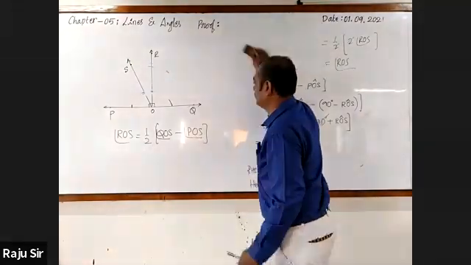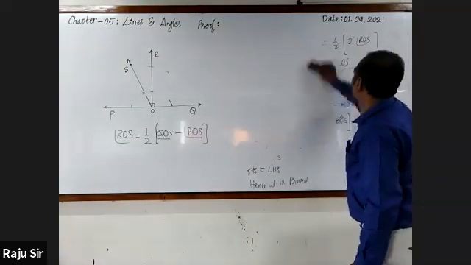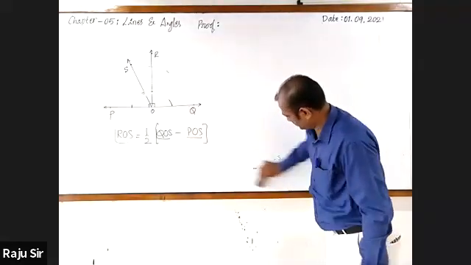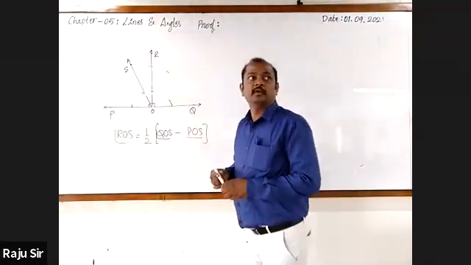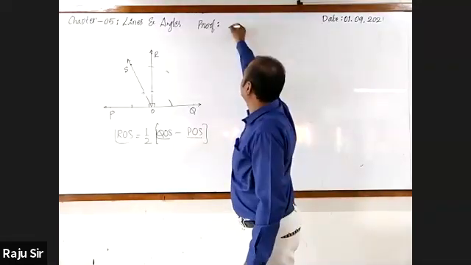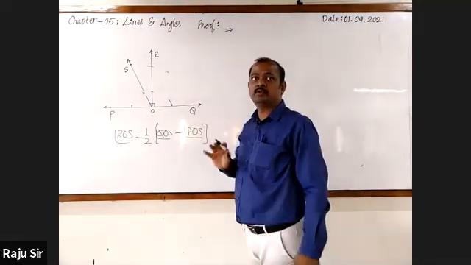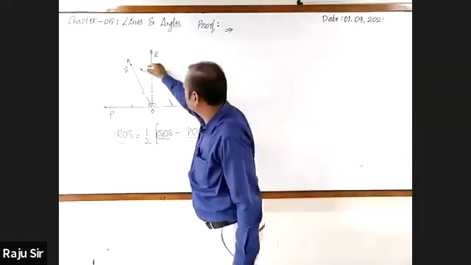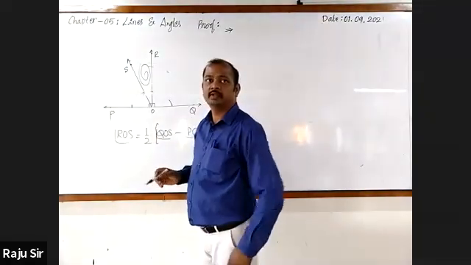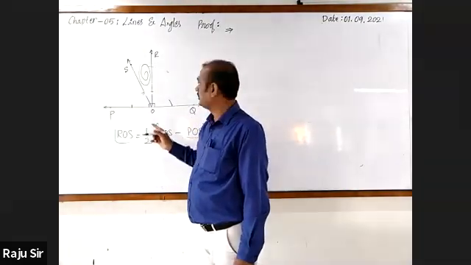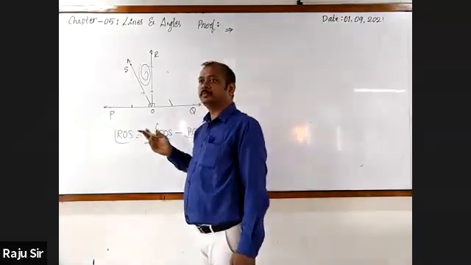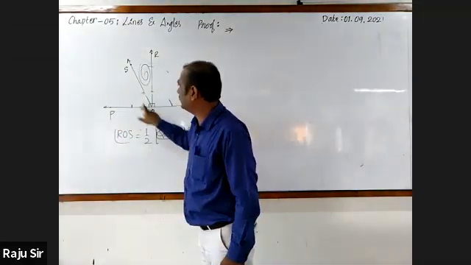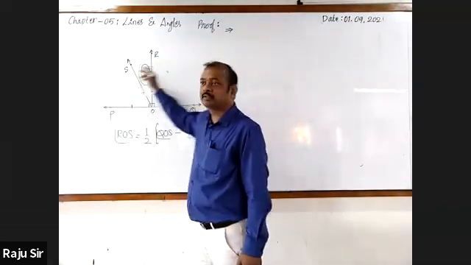Then observe. Look at the board. I'll show you. Second method, don't write. Here ROS is there. Here is ROS. Right? Now here ROS is 90 degrees minus POS, right?